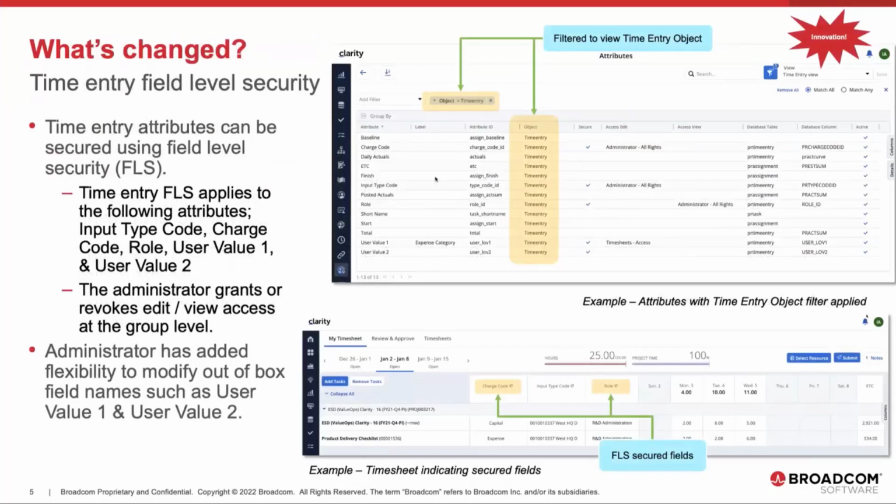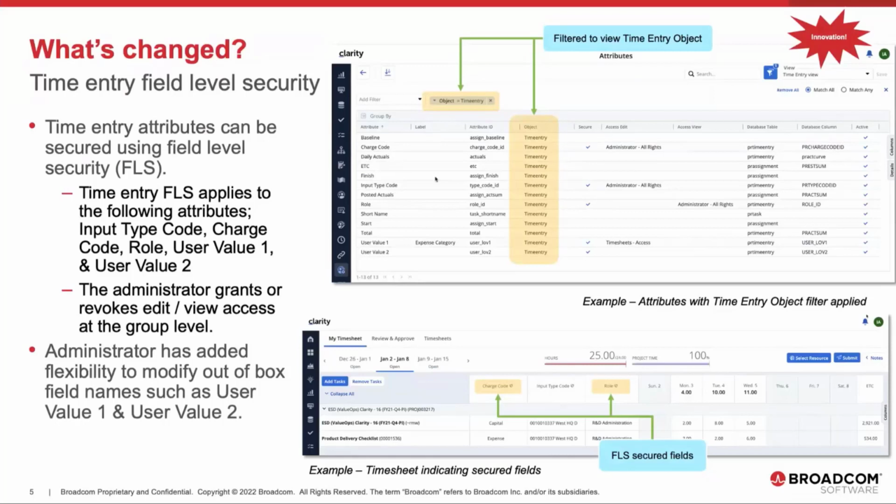The administrator grants or revokes edit or view access at the group level, and this is consistent with all other attributes that come under field level control. And one of the key things here is that there's now a very straightforward way to modify the field names for user value 1 and user value 2 to something that means something to the organization.